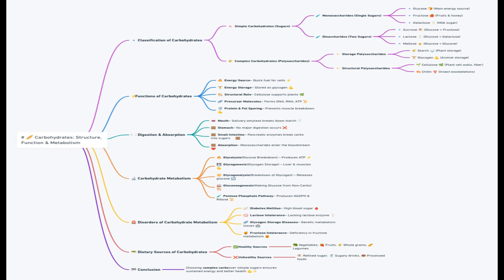So glucose and fructose are isomers; their structures are different, but their chemical formulas are the same, which is C6H12O6. The two sugars that differ only in the configuration around one carbon are called epimers.